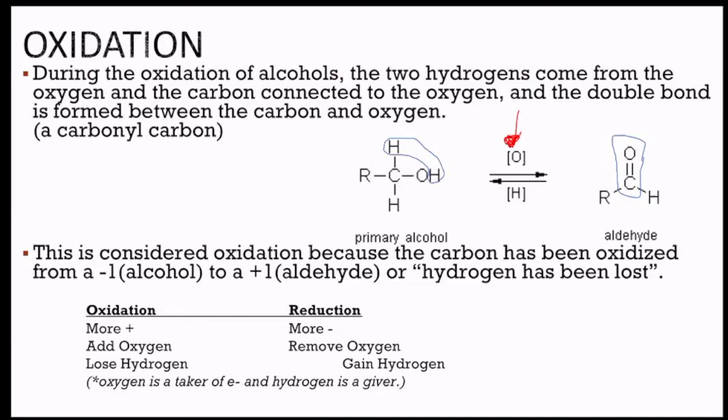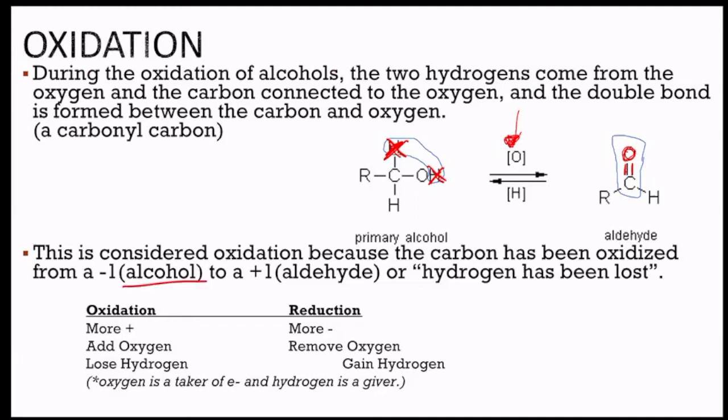So when we go through oxidation, we're going to lose this hydrogen, we're going to lose this hydrogen, and we're going to then double bond with the oxygen. So the carbon just became more negative. It went from this would have been a +1 to a -2 oxidation state. So this was an oxidation.